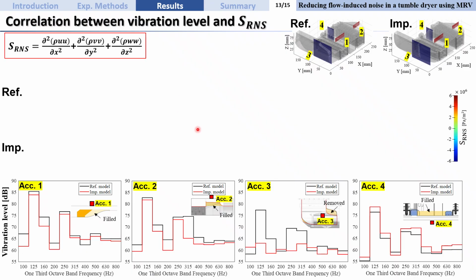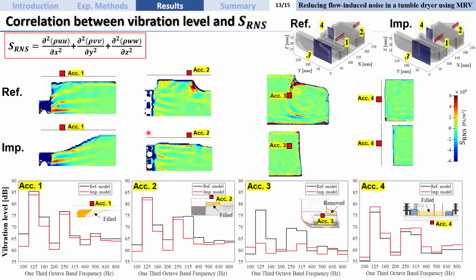So this slide shows the vibration measurement results and the correlation with the SRNS distribution. So first, we can see that the dominant vibration peaks were identified at 125 and 250 Hz across all accelerometer locations. And for accelerometers 1 and 2, the SRNS distribution is reduced.